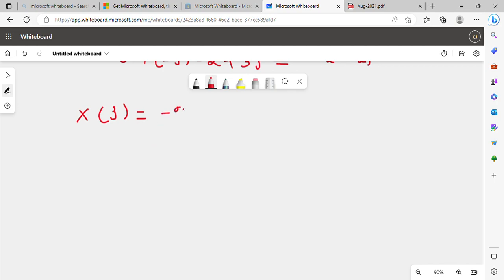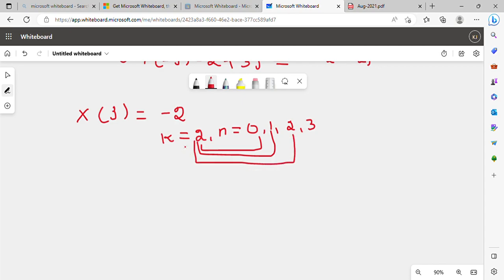You have to take k equal to 2, and your combinations with k equal to 2 and n equal to 0, 1, 2, 3. For k equal to 2 and n equal to 0, k equal to 2 and n equal to 1, k equal to 2 and n equal to 2, k equal to 2 and n equal to 3, you are going to solve the problem.